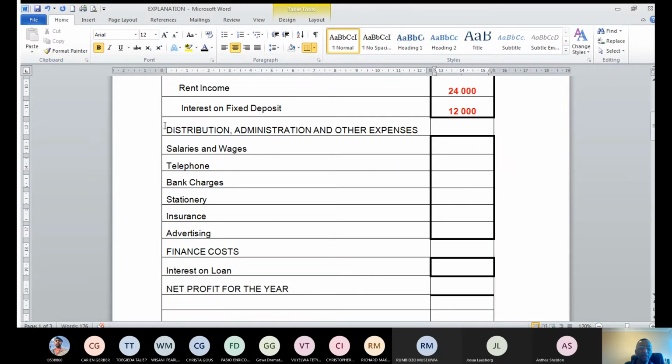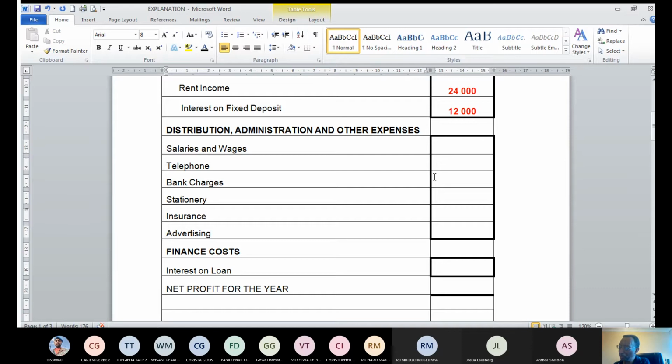Our next heading is distribution, administrative and other expenses. Remember, all our expenses will go under distribution, administrative and other expenses, or finance costs. Finance cost is only for interest on loan and interest on overdraft. Right. We take a look now at the nominal accounts with debit balances. I'm going down the list now.